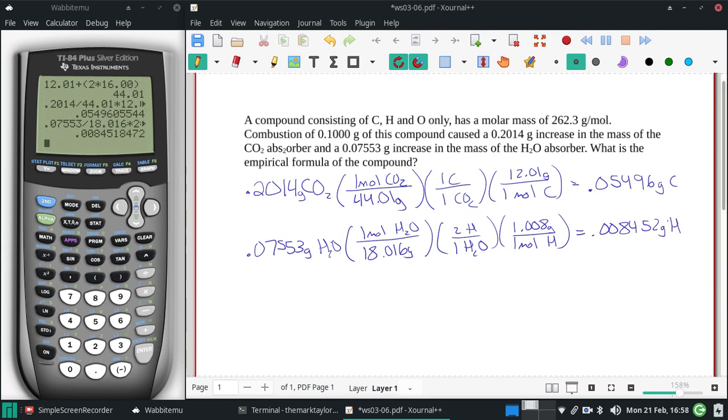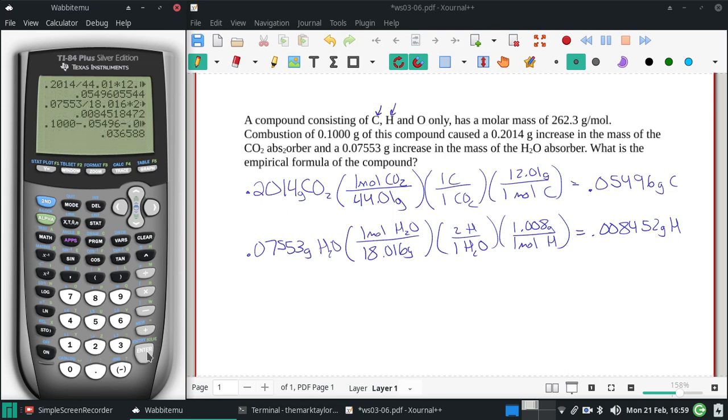To do a complete elemental analysis, we'd have to have masses for all of our components, and we have the carbon and the hydrogen, but we don't have the oxygen. To get that, we know the entire sample weighs 0.1, so we subtract out the part that is carbon, 0.05496, and also subtract out the part that is hydrogen, 0.008452.